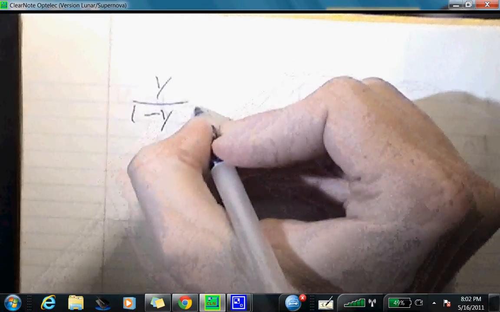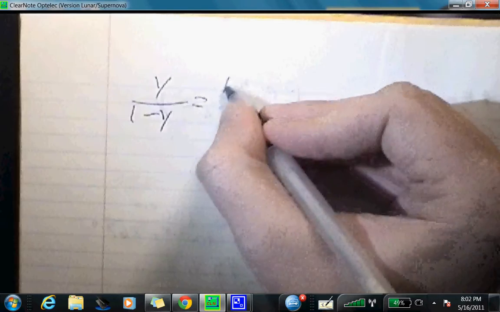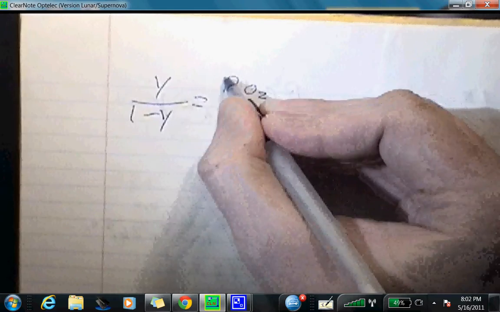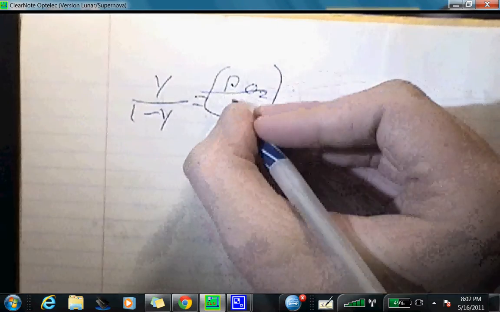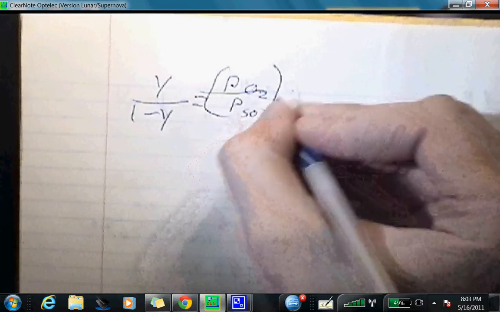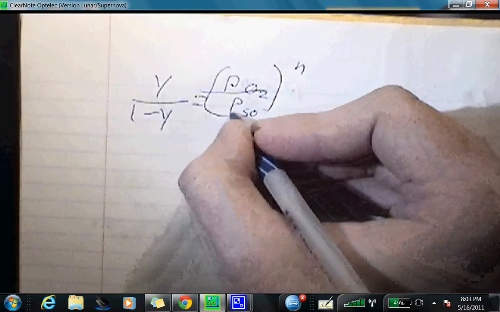So even though they give us an equation that you may have never seen before, there's a couple ways you can go about this. You can go ahead and derive an equation that was given to you in class by Dr. Gassier. This is the equation that they give us.